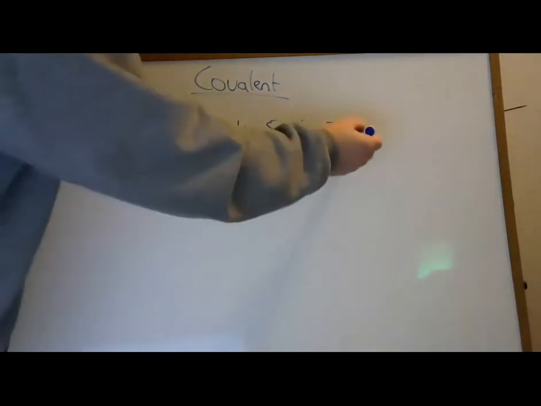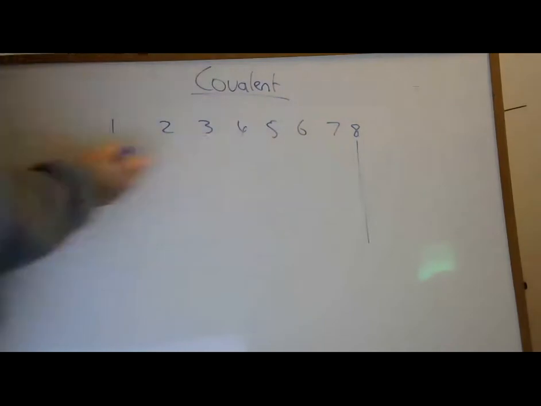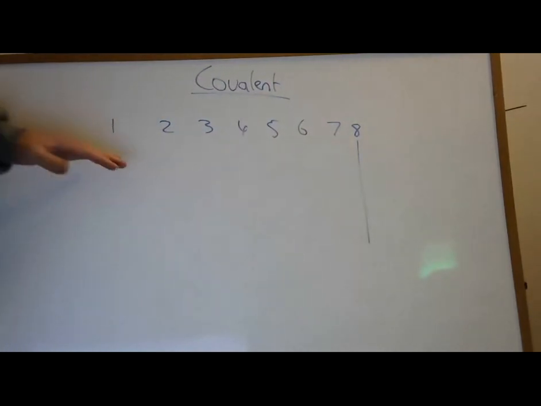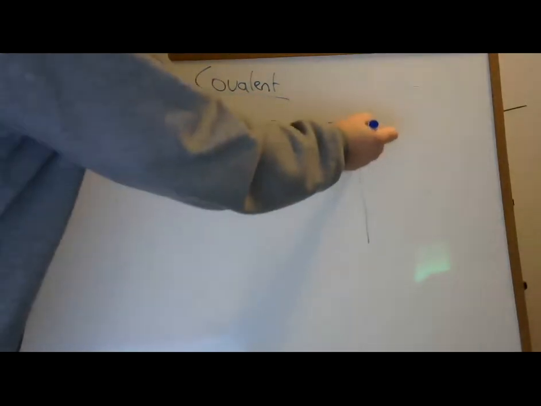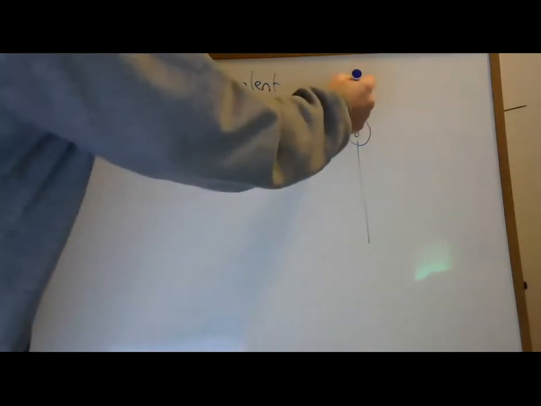We know that group 8 is the noble gases. And all of these atoms want to react with something to attain the state of the noble gases. And that is to have a full outer electron shell. And for most of them, that is 8 valence electrons.